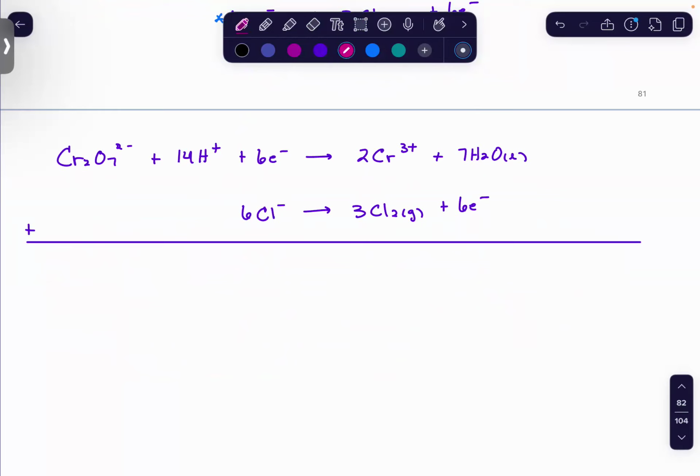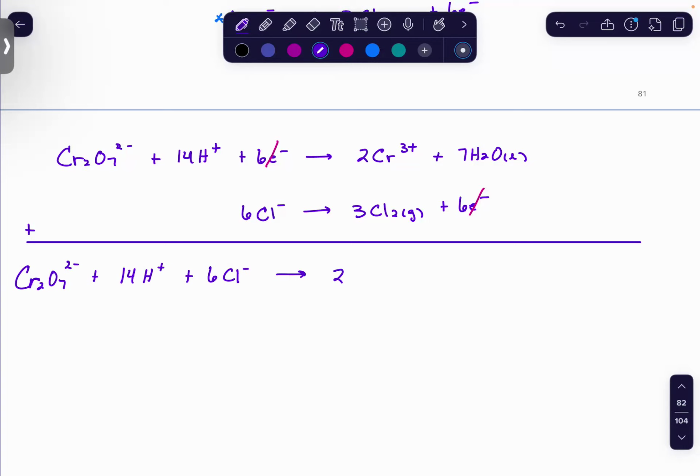Alrighty. So we see 6 electrons on the left and right cancel out. Let's go ahead and bring everything else down. Dichromate, 14 protons, 6 chlorides.